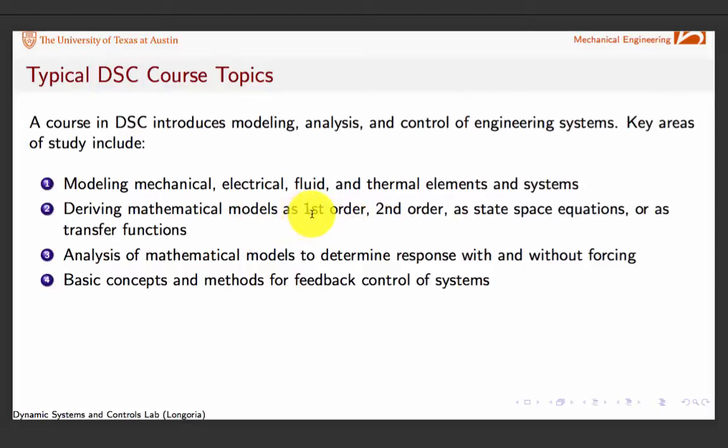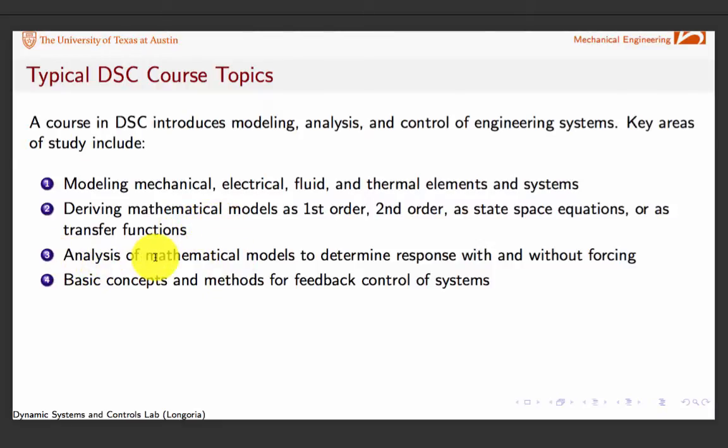This includes, as we'll explain, either linear and nonlinear first, second order systems, and how to derive equations also in a state space form. In addition, the derivation and use of transfer functions for understanding the response of systems and their characterization using those types of relationships.